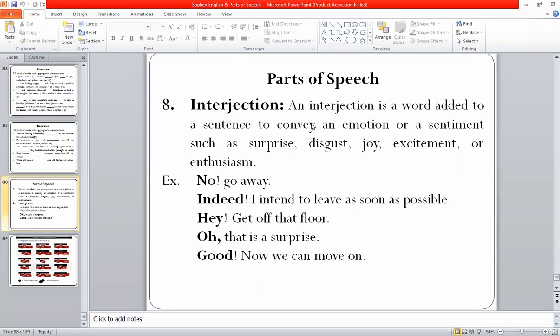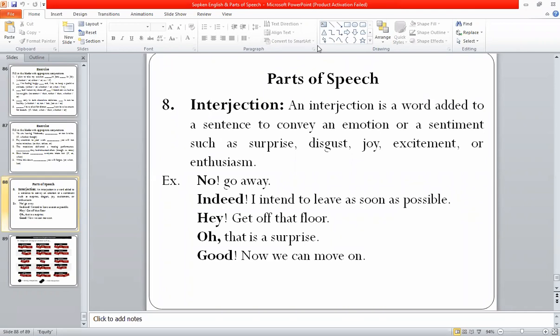Then oh, that is a surprise. When we get a surprise, what will be our reaction? Oh no, or these types of reactions generally we give. Remember that. That is why, oh, that's a surprise.